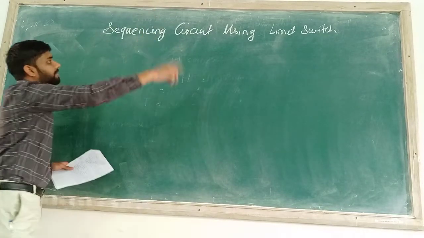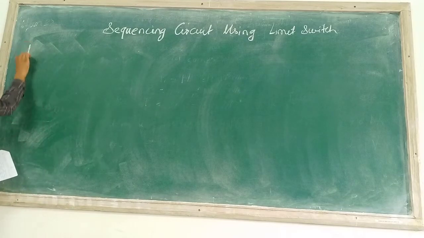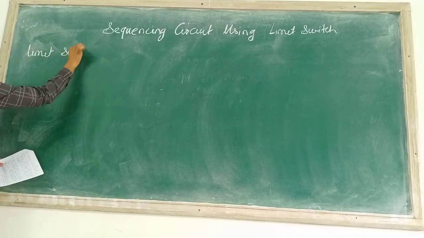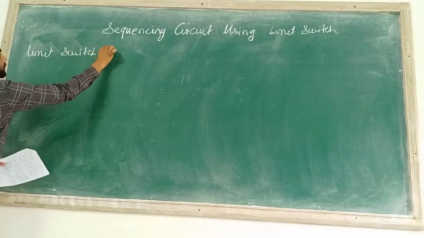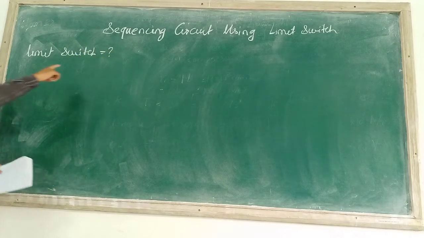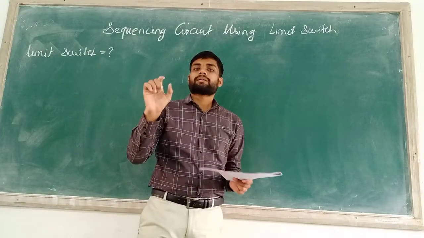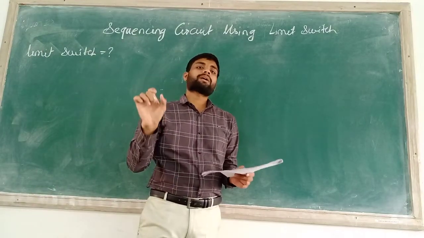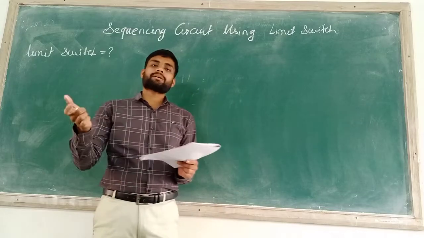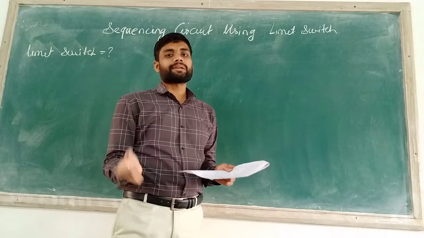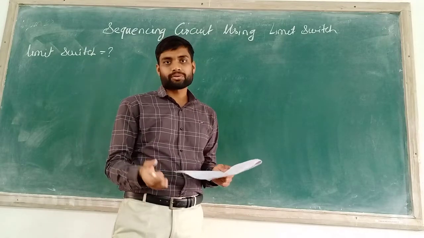Okay, so here we are going to see first what is a limit switch. A limit switch is a device which is continuously controlling the current flow, and this current flow is through the solenoid valve, and this solenoid valve is connected to the solenoid operated direction control valve.